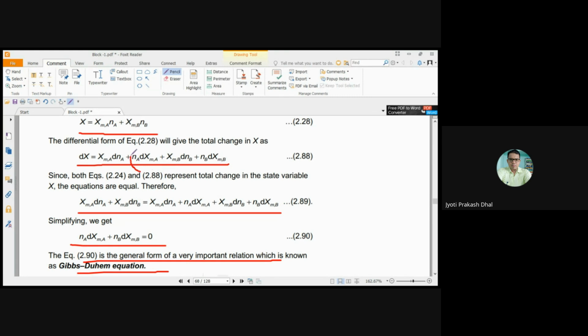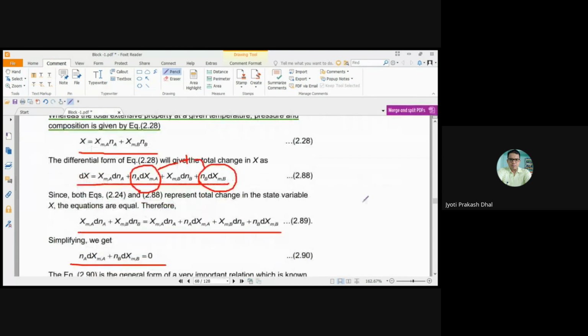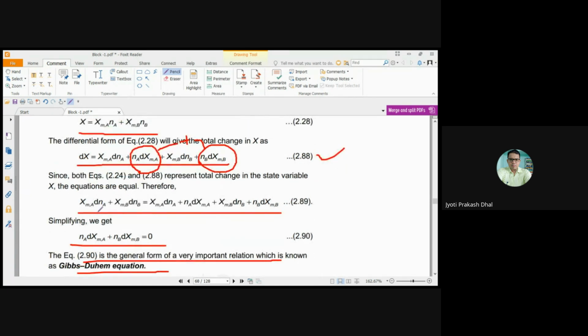That means the addition of these two terms equals this term plus this term equals 0. If we compare equation 2.24, equation 2.28 with equation 2.88, we will find X_MA dnA plus X_MB dnB equals 0.